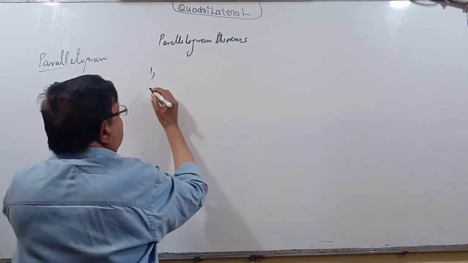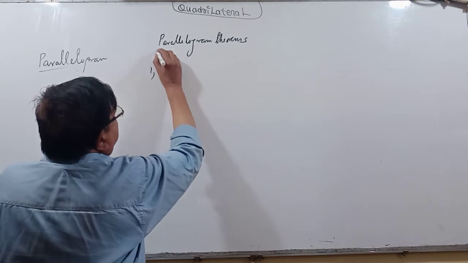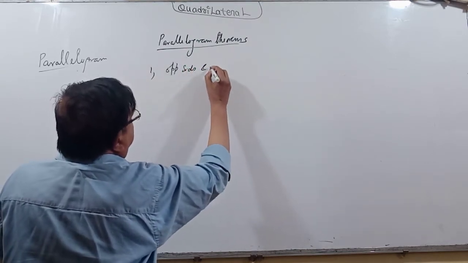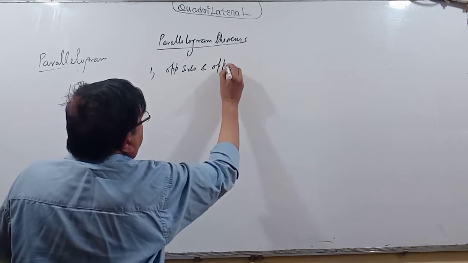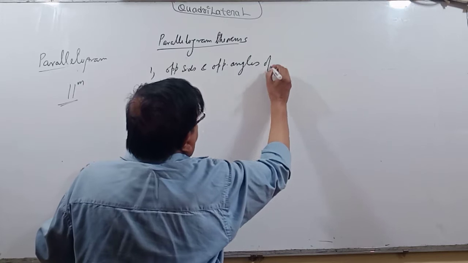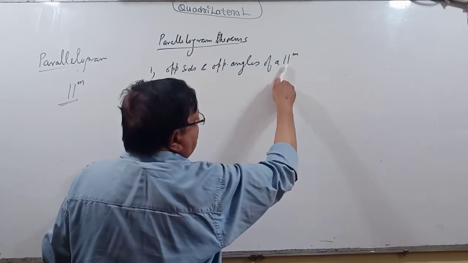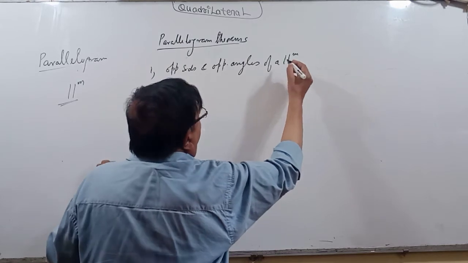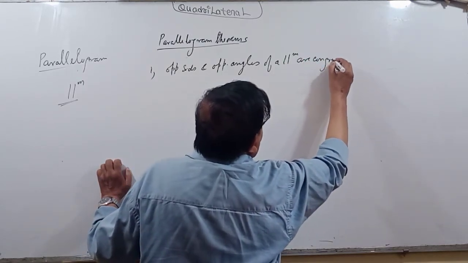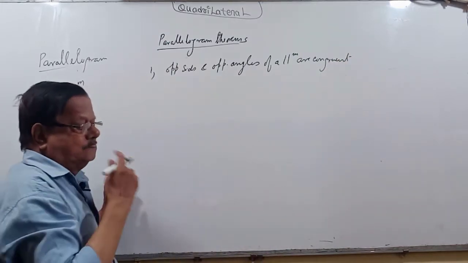First, theorem number 1: opposite sides and opposite angles of a parallelogram are congruent. This is theorem number 1.